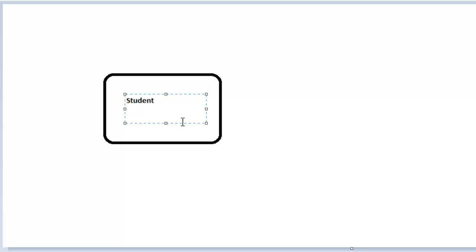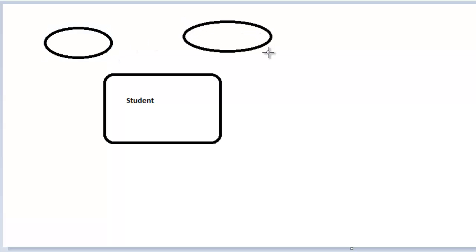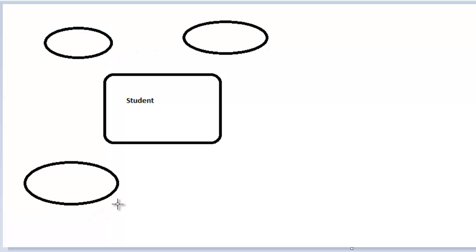Okay, now what were the member variables of this class student? The member variables were 4.